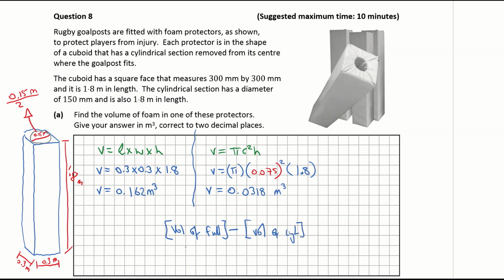So that's going to be 0.162 meters cubed, subtract 0.0318 meters cubed, and that is going to then give me the new volume of the shape, which is to 2 decimal points, 0.13 meters cubed. Okay, so that's part A done.